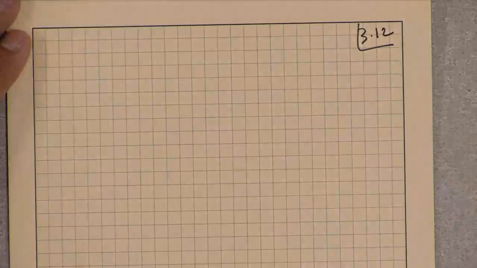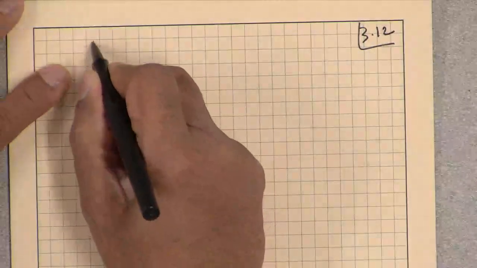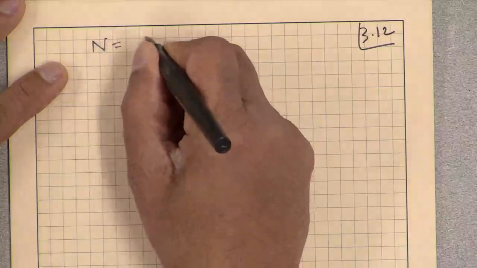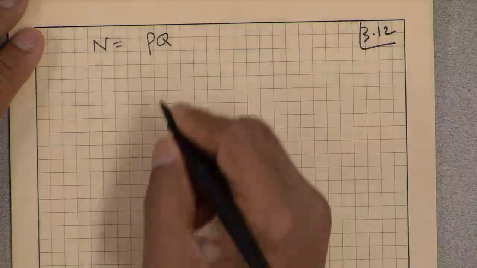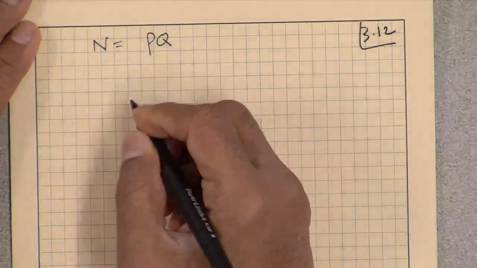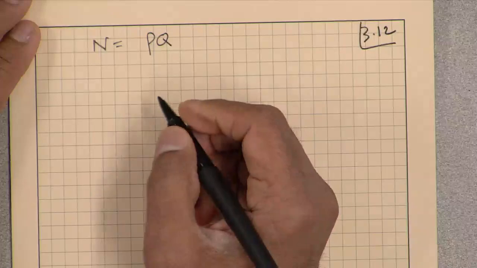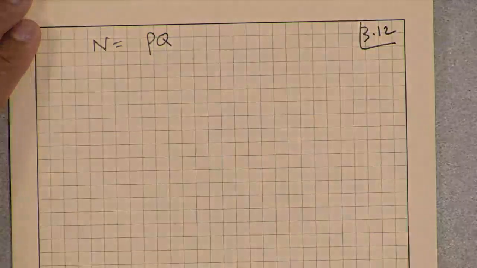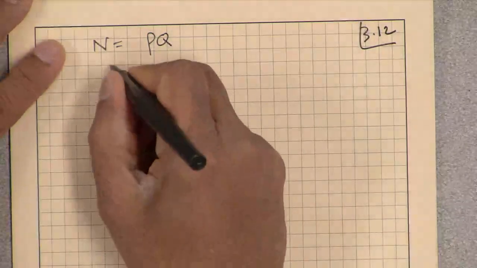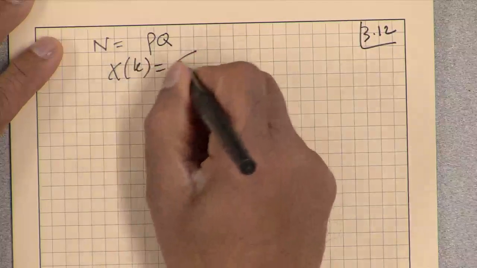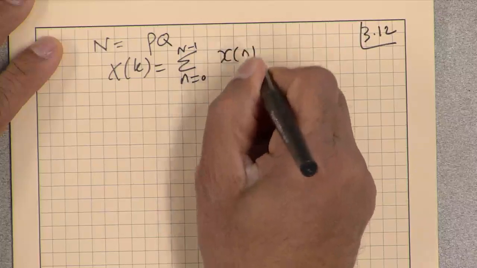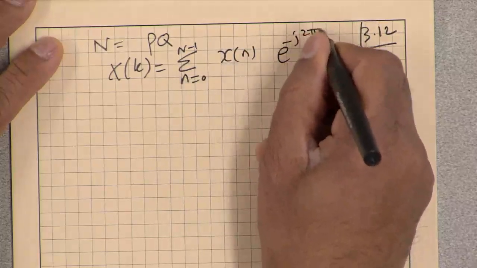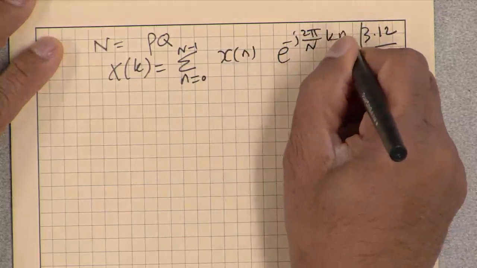So now N is equal to P times Q. xk is summed over all n, xn e to the power minus j2 pi over N kn.